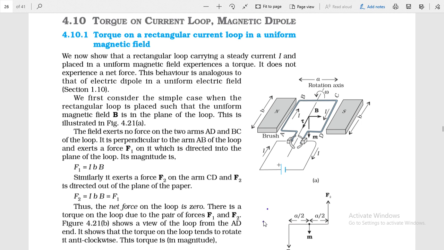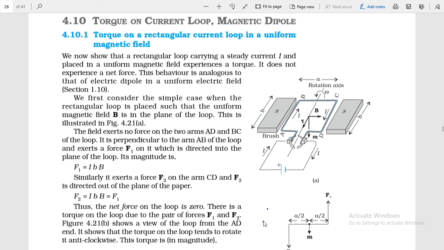So what is torque? Torque is something which is responsible for the rotational motion and plays a similar role as force plays in case of straight line motion. So torque is responsible for the rotational, or you can say angular acceleration, whereas the force is responsible for linear acceleration.